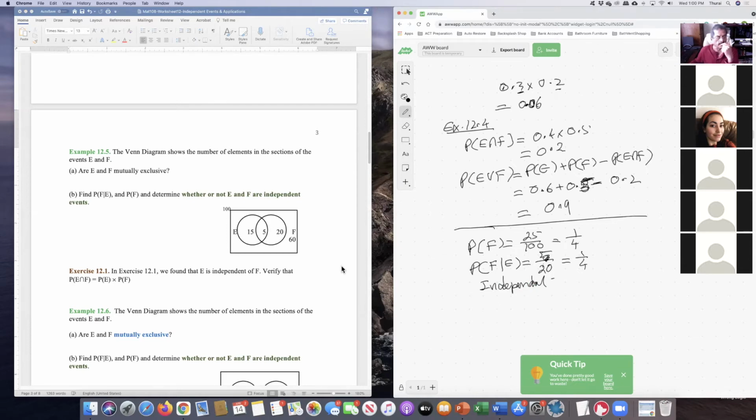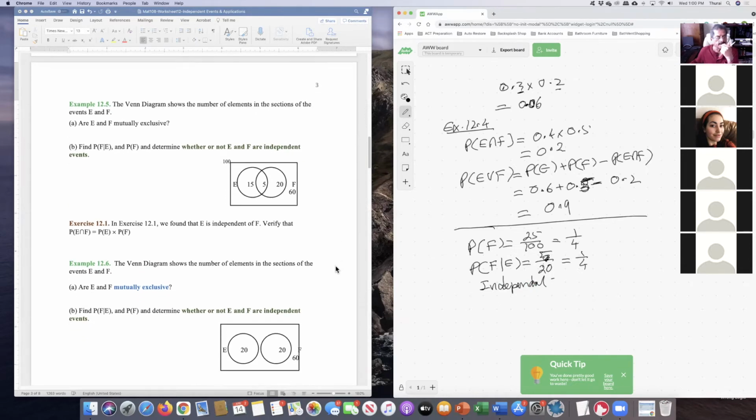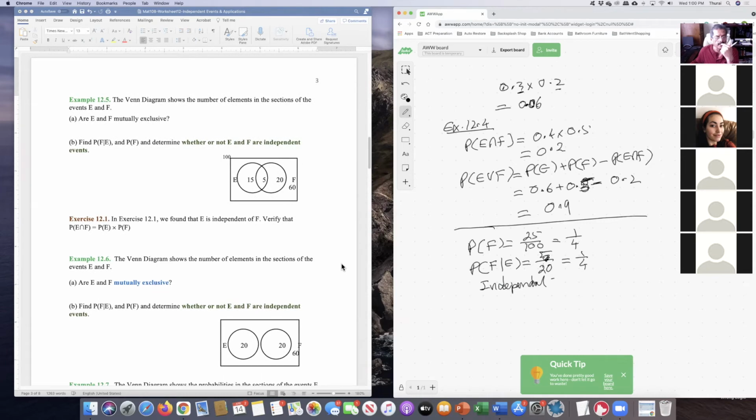Okay, and then the next exercise says, we found that E and F are independent, so verify that probability of E intersection F equals probability of E times probability of F. So the multiplication rule for independent events can be verified now.